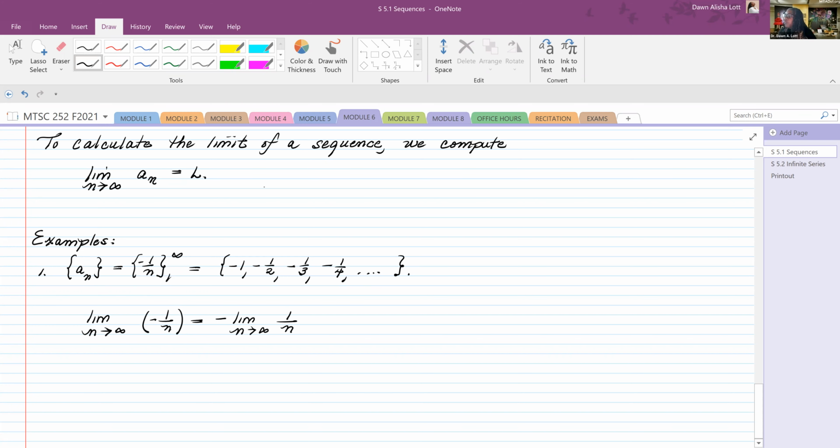Now, this is the most fundamental limit ever. This is one major limit that you need to know. And that limit is 0. So therefore, this is just minus 1 times 0, and so we just get 0.